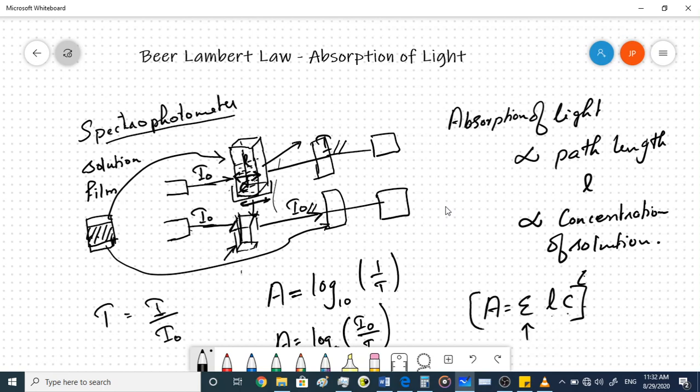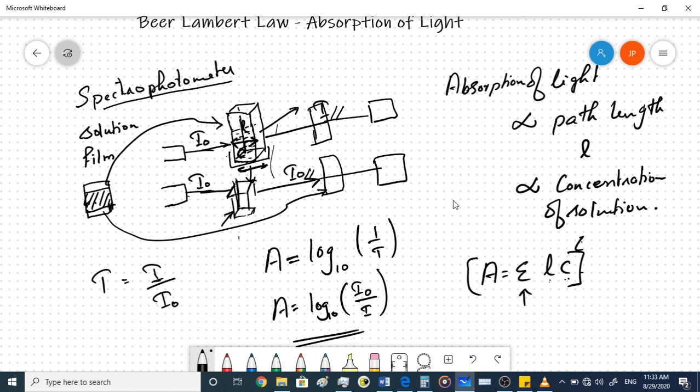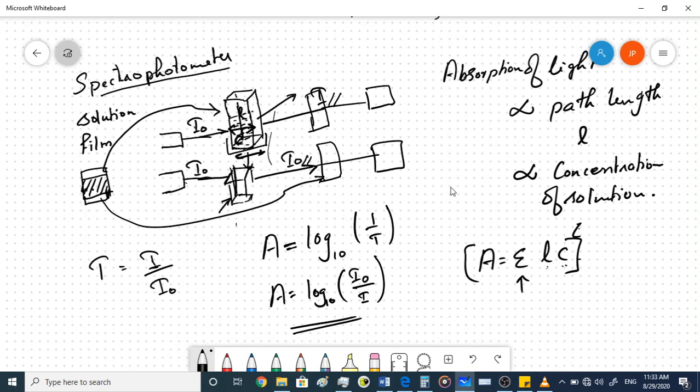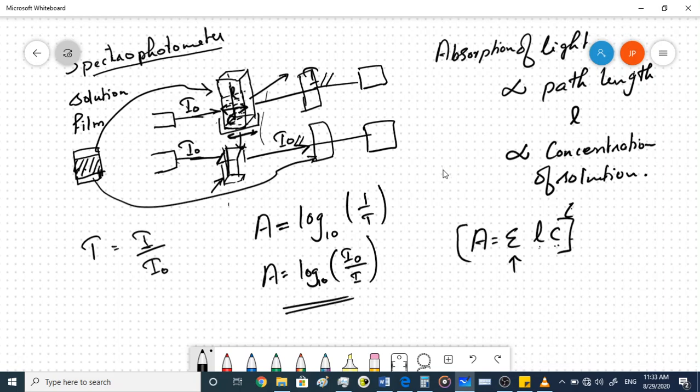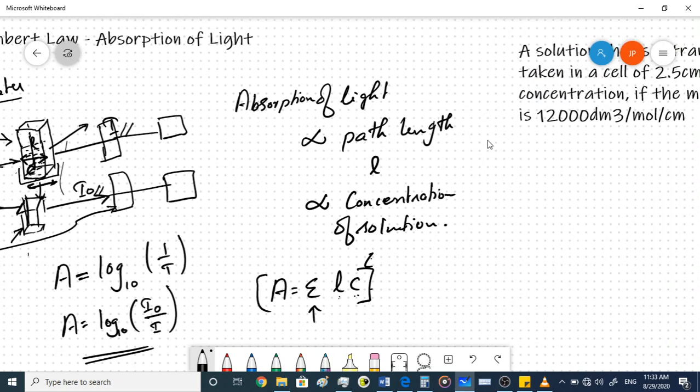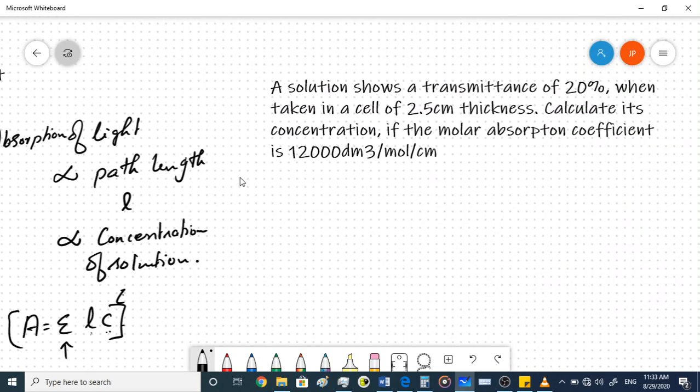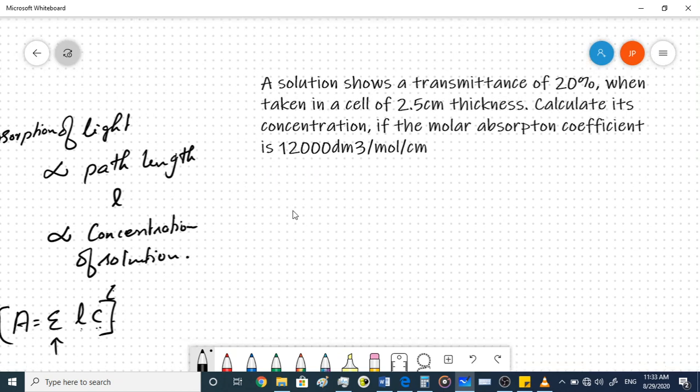The absorption is connected to the path length and the concentration using the coefficient called the absorption coefficient. So this is the basic formula for absorption of light by a semiconductor or a solution. We'll look at a simple problem, and probably with this the idea will be a bit more clear.